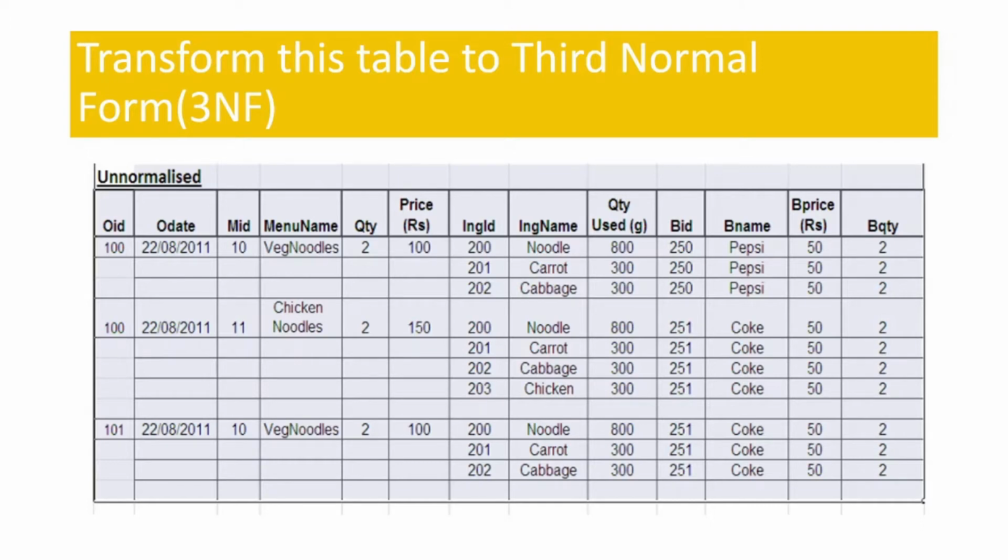So if I have to insert a new record in this table, let's say I have to insert a new menu, for example, lamb noodles, I will not be able to add it until I know the price of that menu, the ingredients to be put in that menu, what type of ingredient, what beverage will be obtained with that menu in that order, etc. So that becomes a problem.